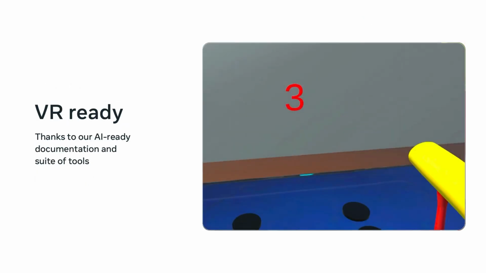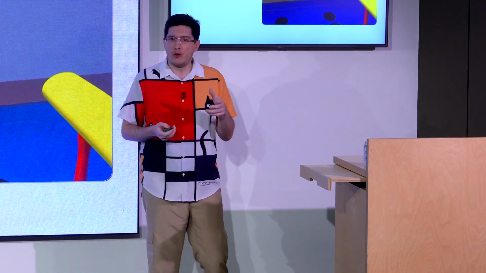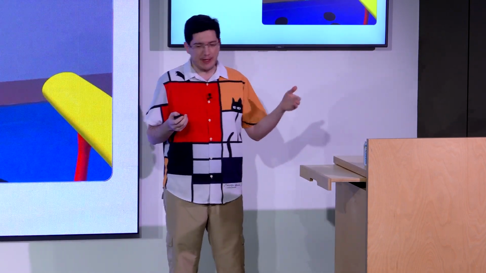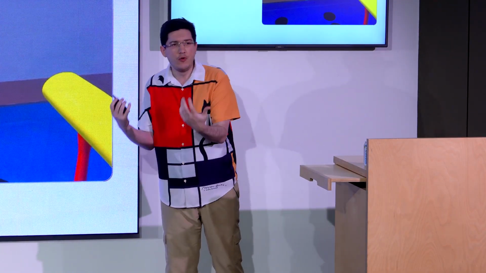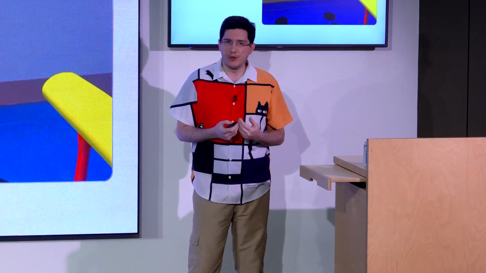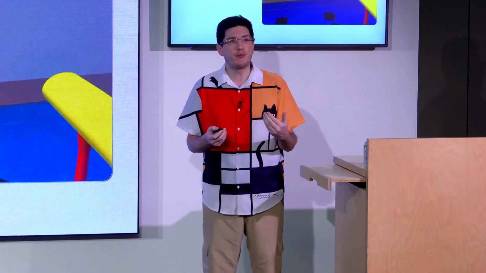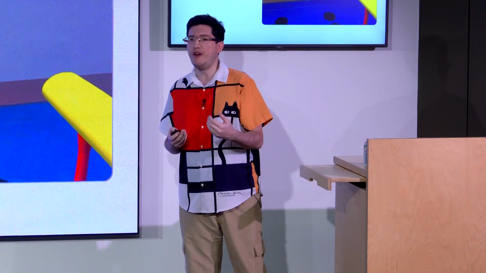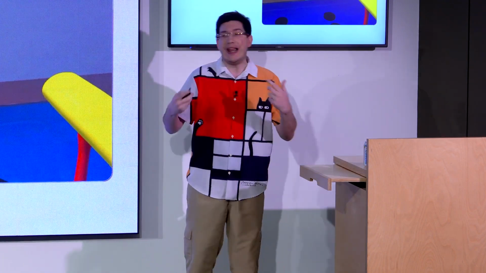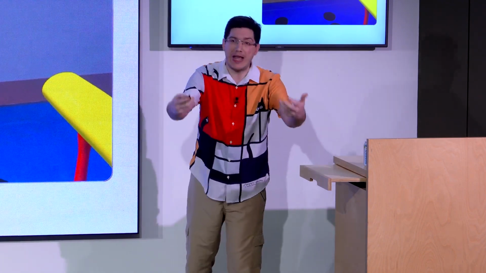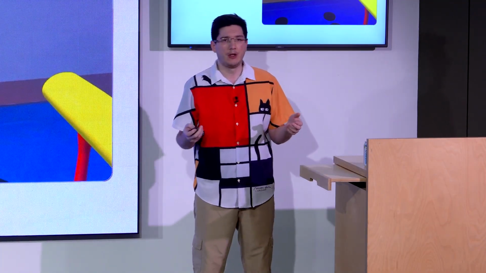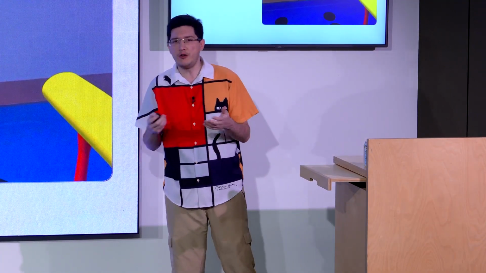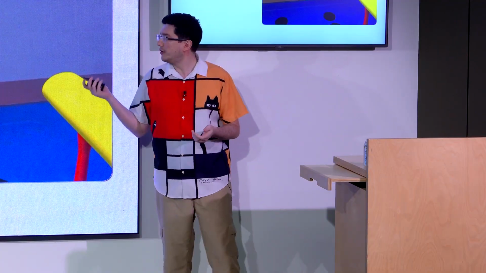Thanks to the AI-ready documentation that Vaidi mentioned earlier, but also our suite of tools connected to MCP, the AI not only has the full context of your project, but also knows the best practices and the source code of the Meta Unity SDK, which allowed us, and hopefully will allow you, to quickly create a fully functional prototype with just prompts, no prior knowledge required, and deploy it on Quest.